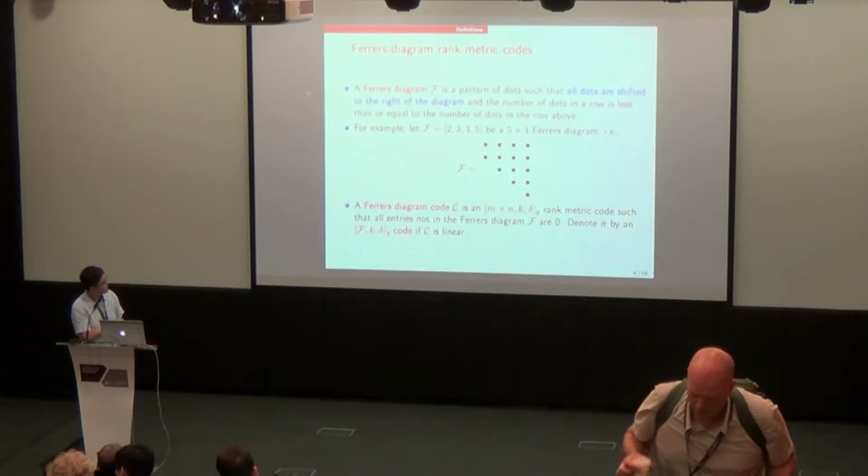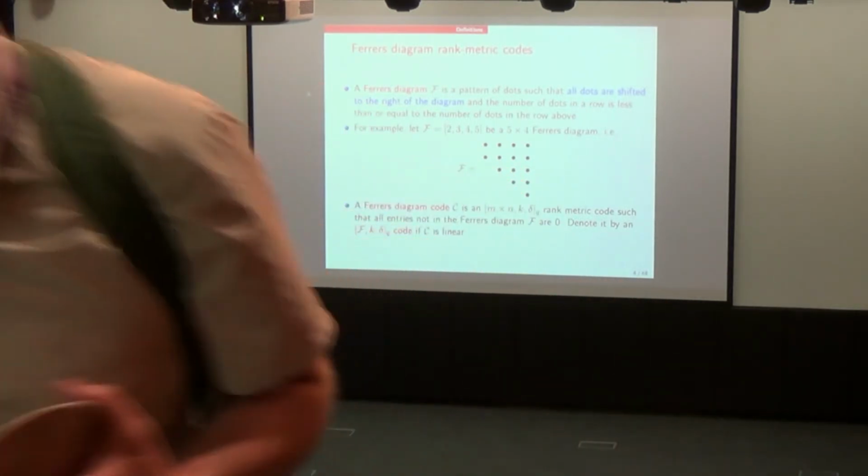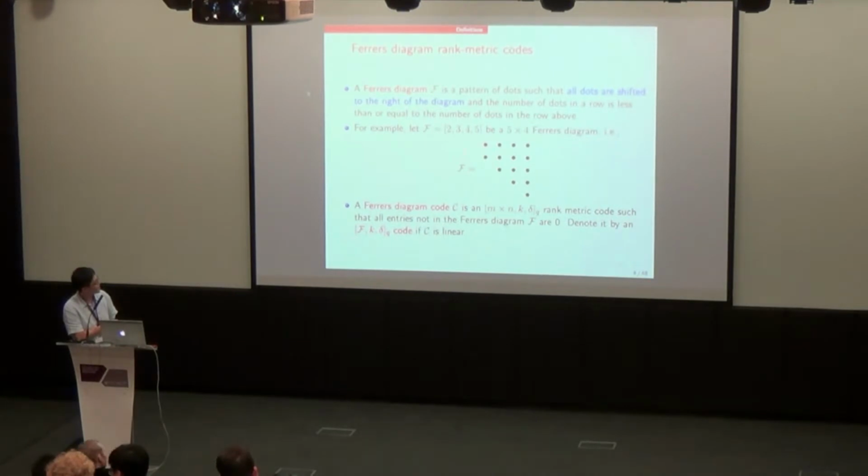Here is an example. This is a 5 times 4 Ferrers diagram, and we can count the number of dots in its columns. In the first column, there are 2 dots. The second column, 3 dots. So we often use this notation to represent such a diagram.